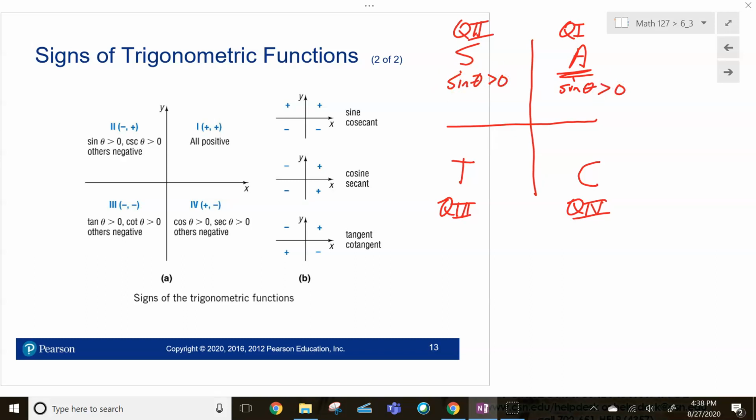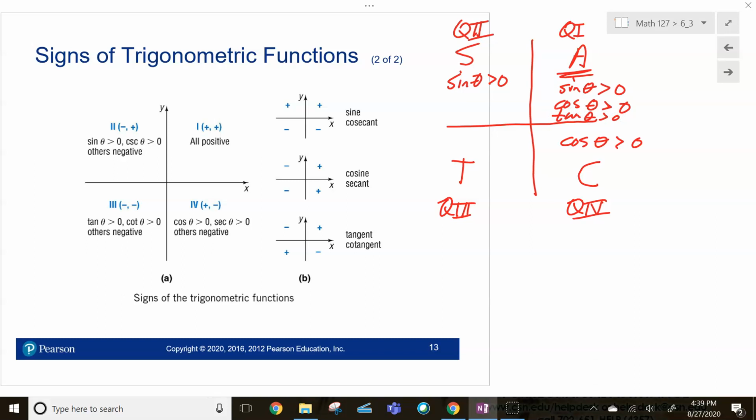The cosine, the x's: where's the x positive? 1, and down there in 4. You know the cosine's positive down here. If both the sine and the cosine are positive, then you know the tangent's positive. That's why we say all of them are positive in the first quadrant.